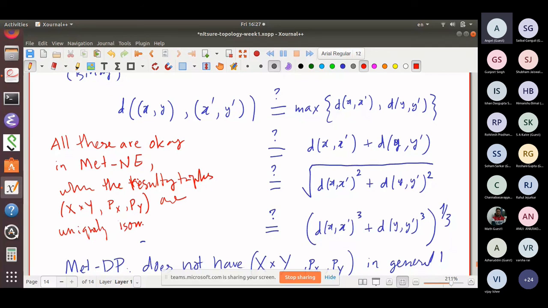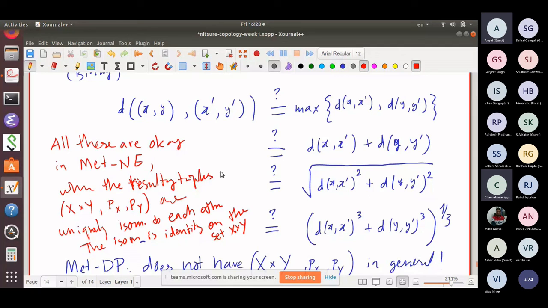Isomorphic to each other. And the map, the isomorphism, is identity on the set. Yeah. So you check this, which of these is okay.